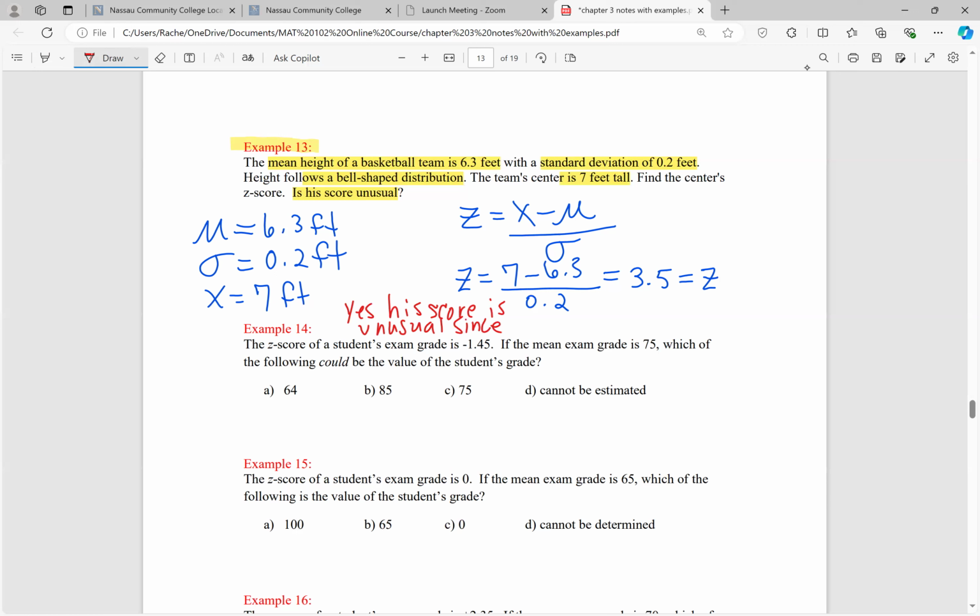So yes, his score is unusual since it is more than 3 standard deviations from the mean.